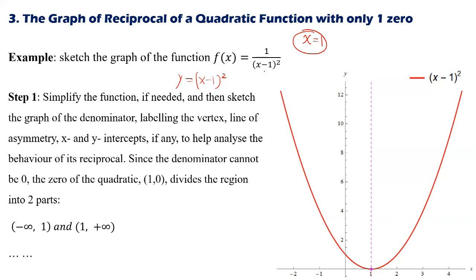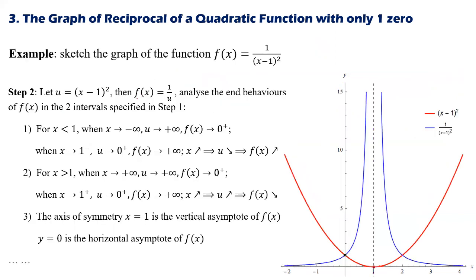Because the quadratic is in the denominator position, it cannot be 0 for the reciprocal. So at the zero, x equals 1, it divides the region into two parts. We need to consider them separately. The first region is from negative infinity to 1. The other region is from 1 to positive infinity.